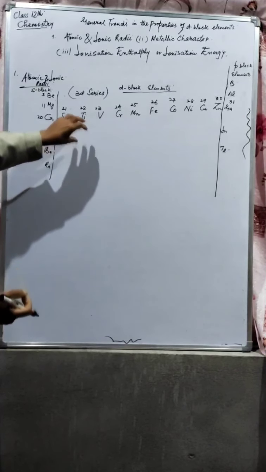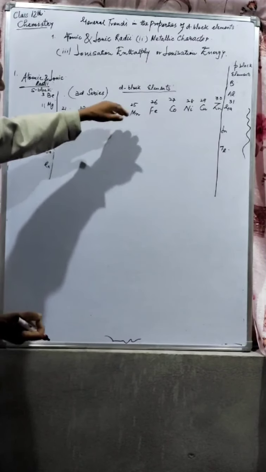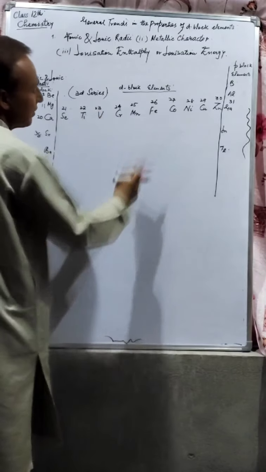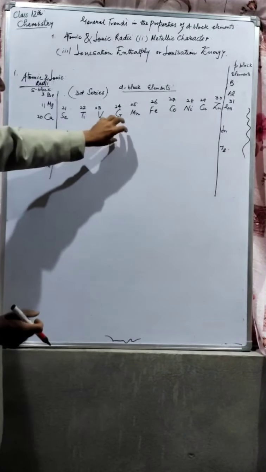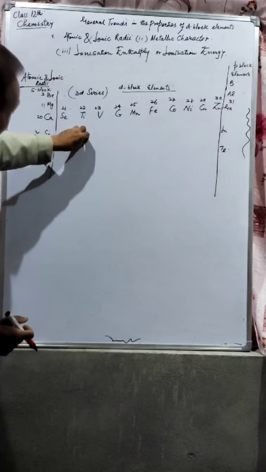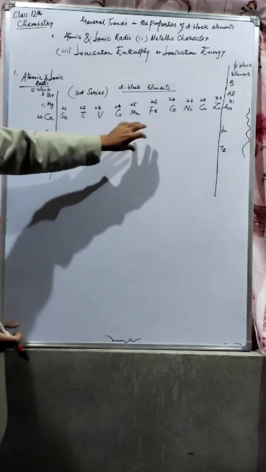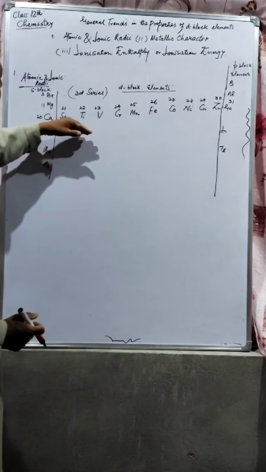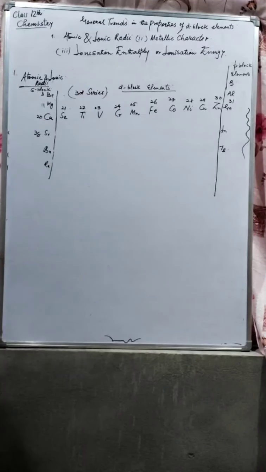Due to the increase in the nuclear charge, the added electron goes to the same outermost shell, and with the increase in the nuclear charge, the attraction of the outermost shell electrons increases. This is why the size, the atomic radii, decreases.